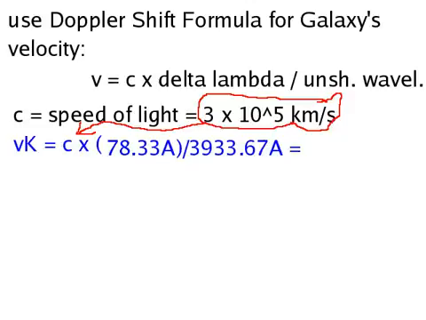Okay, and that's going to give us a speed for the K line of 5,974. I'm just going to round it there. 5,974, and the unit would be kilometers per second.